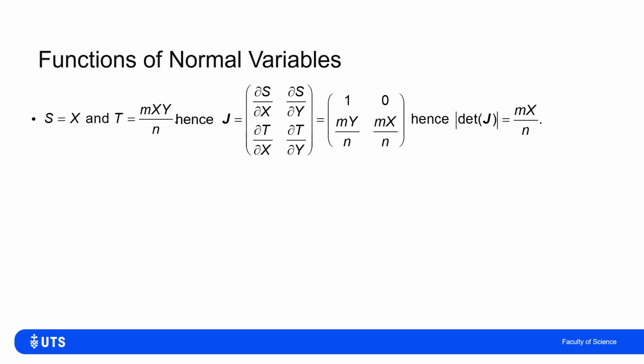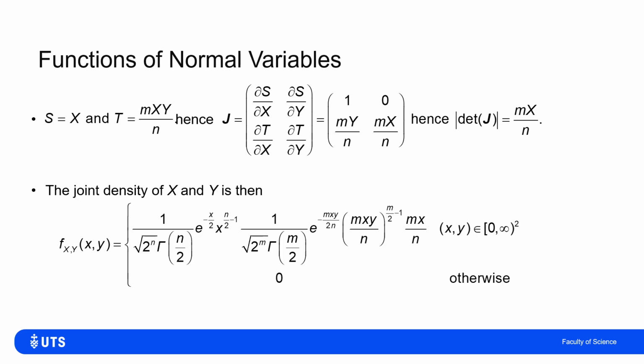So if I take my joint density of s and t, and I replace s with x and t with mxy over n, remembering to multiply by the determinant of the Jacobian, mx over n, I've still got a bit of tidying up to do.